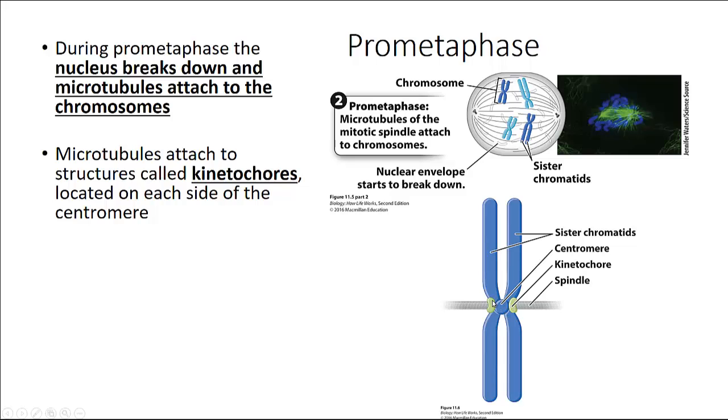Kinetochores are located on each side of that, and look like little lima beans here, but they are the attachment sites for the microtubules that attach to each side of these duplicated sister chromatids. So during prometaphase, the spindles attach to the sister chromatids at the kinetochore.